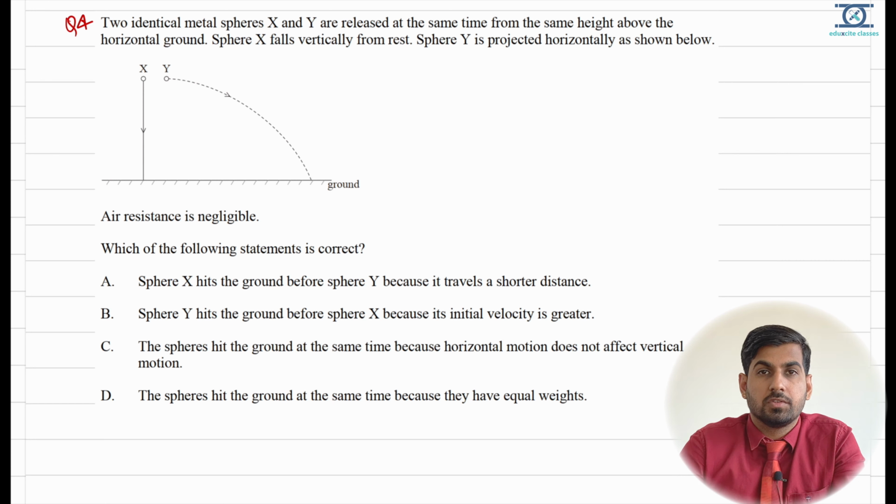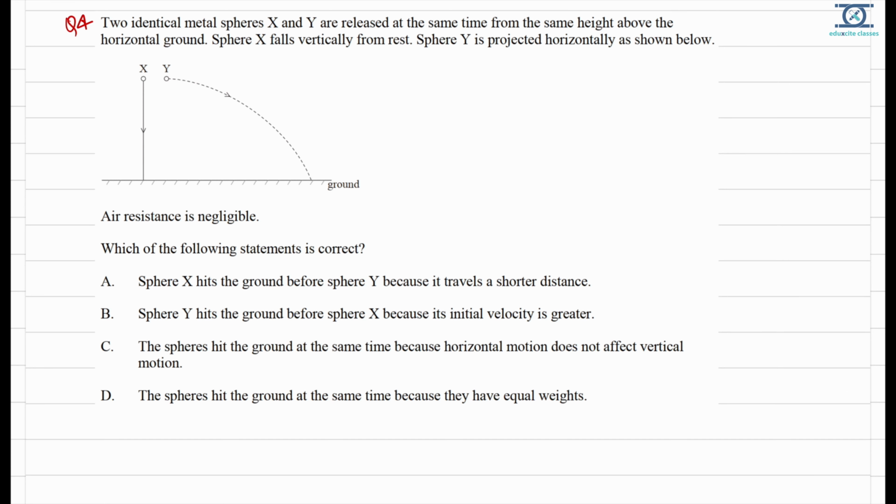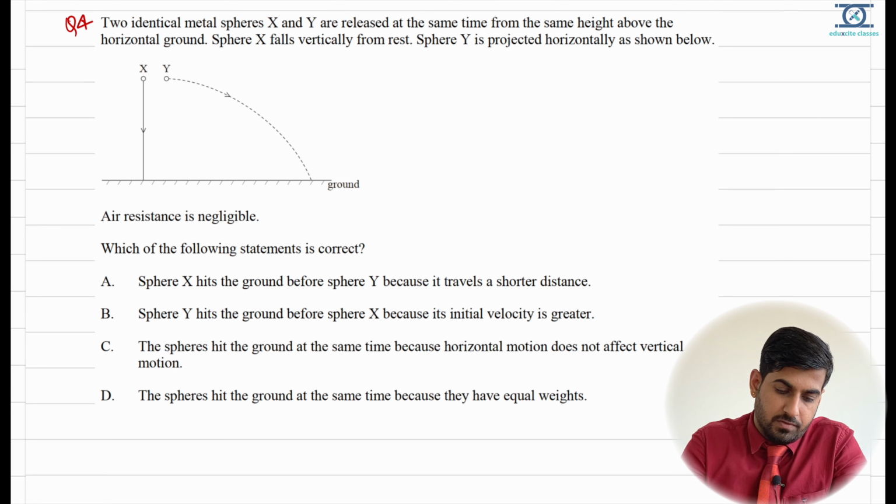Pause the video and solve question number 4. Now here, if you look, there are two spheres X and Y. They are released at the same time from the same height, one just vertically and one horizontally, like this.